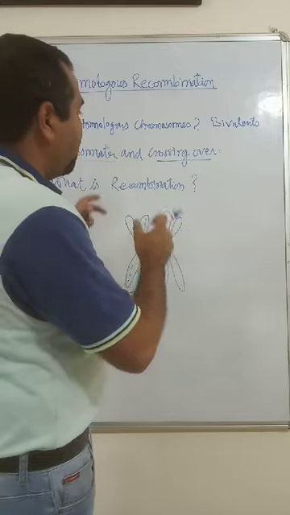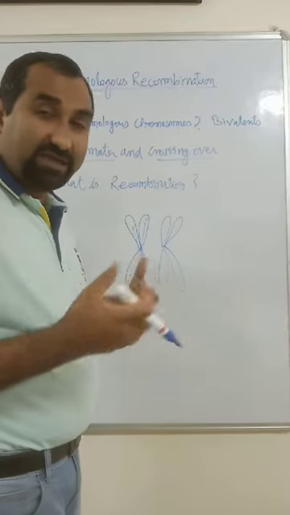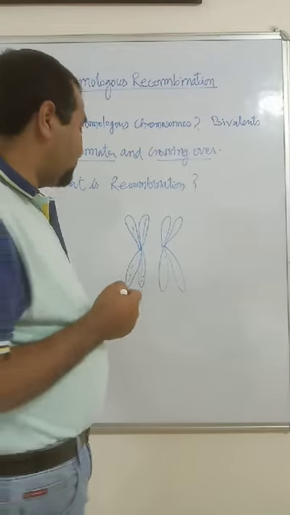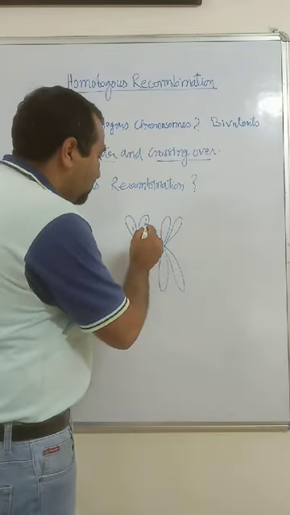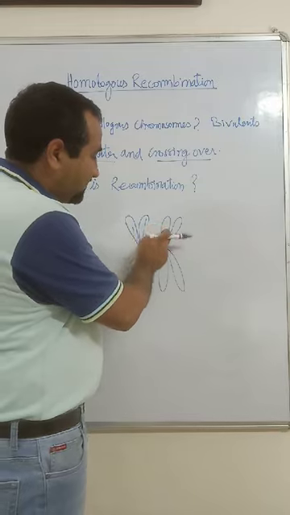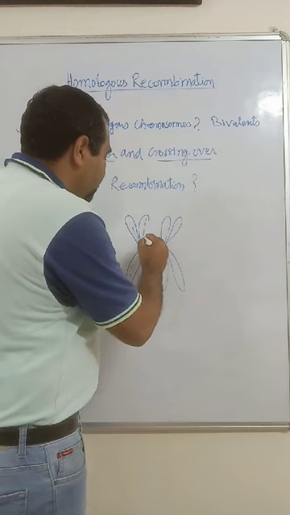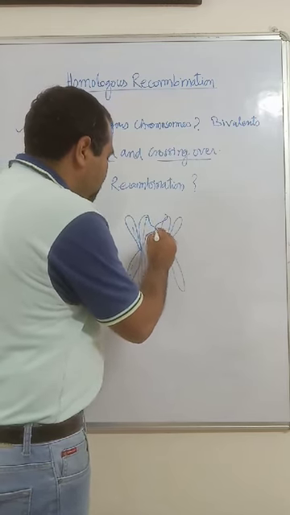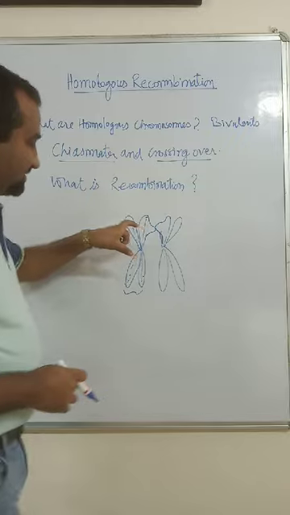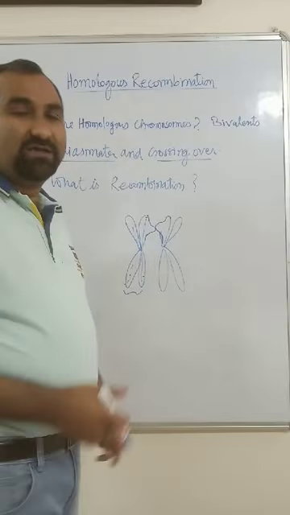So when we observe a meiotically dividing cell, the cell that is undergoing meiosis, that is haploid or reduction division, we observe that the non-sister chromatids, here both are non-sister chromatids for each other, have some portion joined together and have formed a cross-like connection.